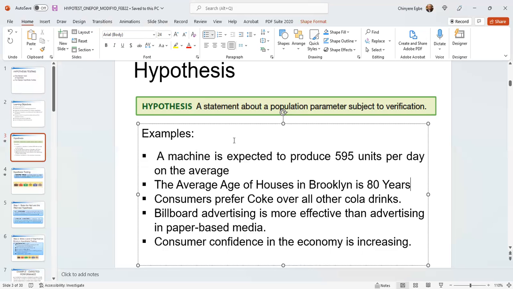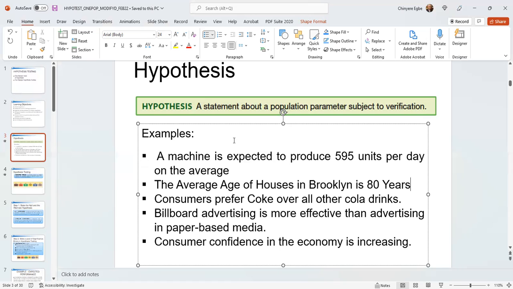A machine is expected to produce 595 units per day, okay? What does that mean? It means that you can take a sample of days. Some days it produces 580, some days it produces 620. And so you take an average and see if the data supports your hypothesis that the average number of units produced per day is about 595.